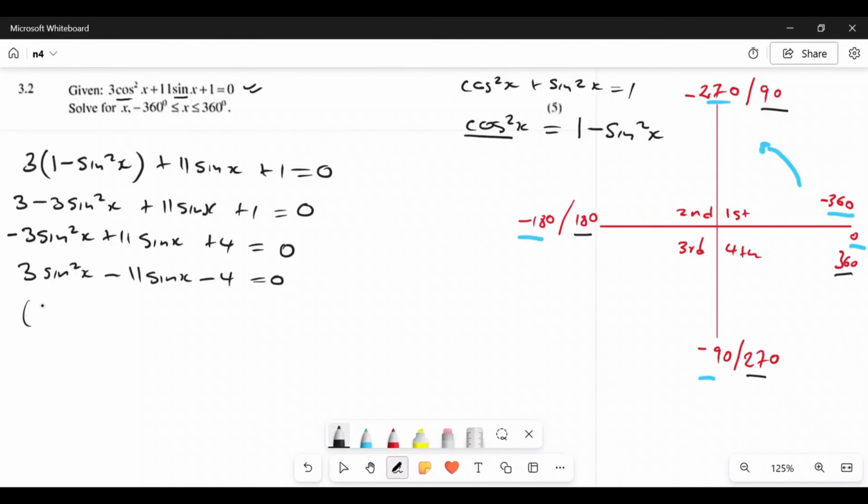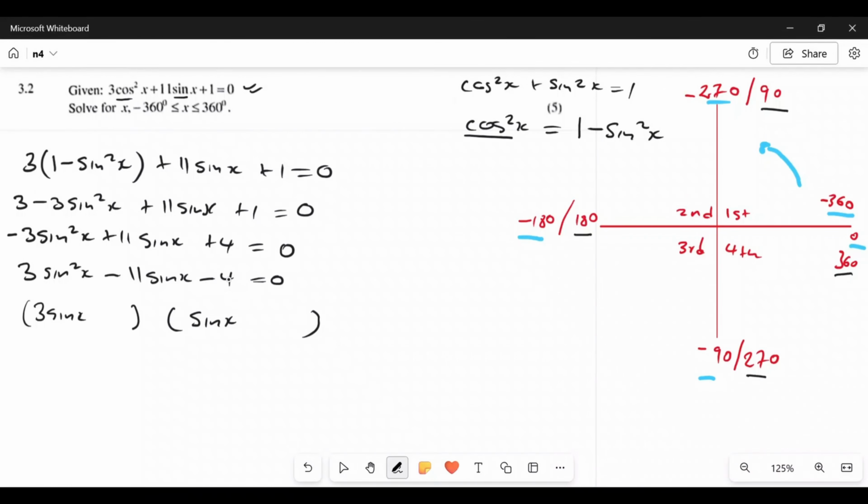If we open the bracket, you can write 3 sine x like that. There we go. Close bracket for now. Open another bracket where we have sine x. If you multiply this 3 sine x with sine x, they're going to give us 3 sine squared x. So the factors of 3 sine squared x, we have them. Then let's close the bracket.